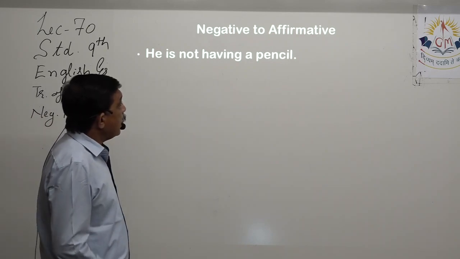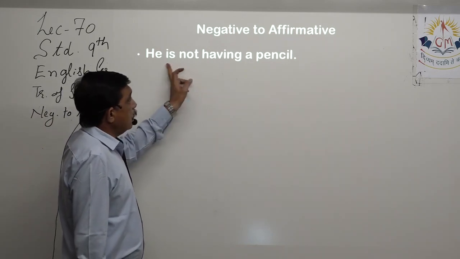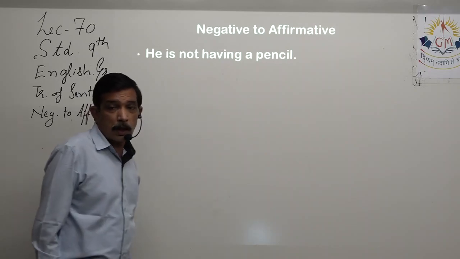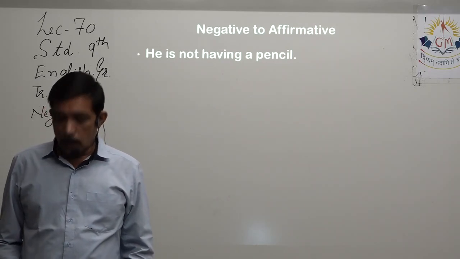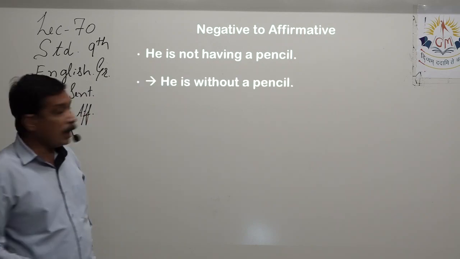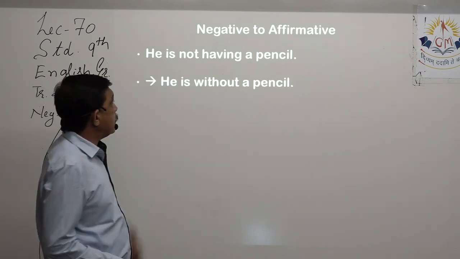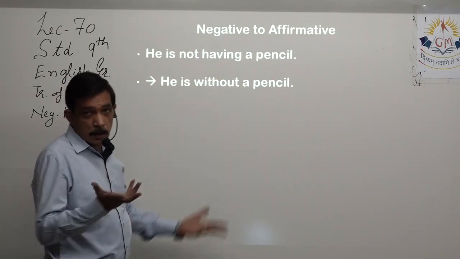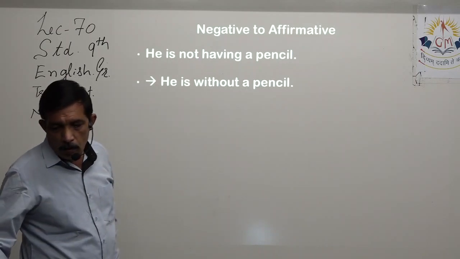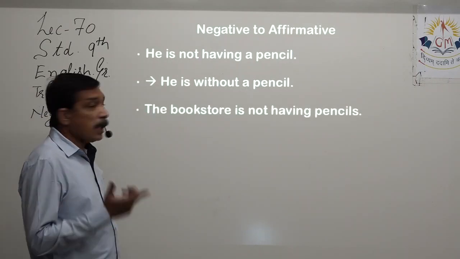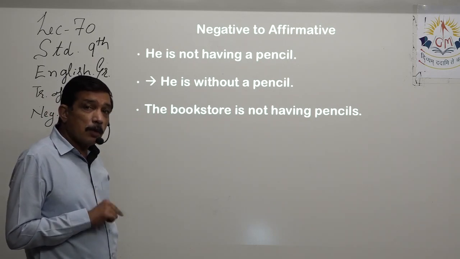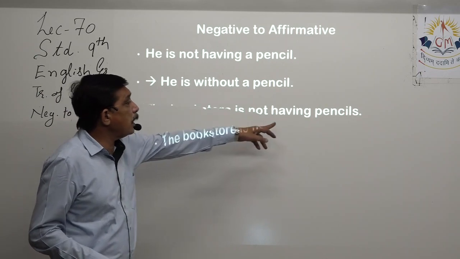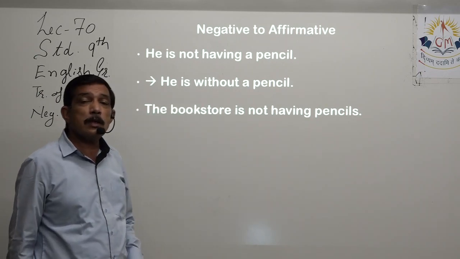He is not having a pencil, that means he is without a pencil. Is not having, that means without. But if that same is applicable to a bookstore, then is not having, here it does not mean without.